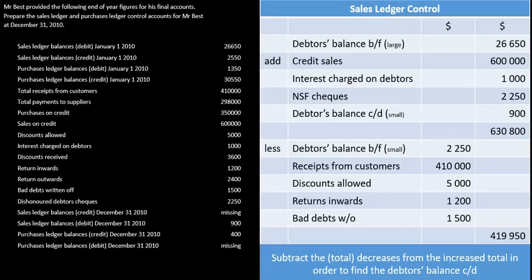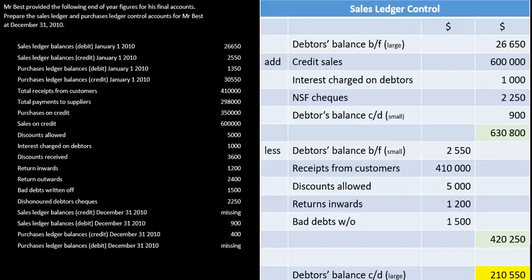So in other words, we can take away the total of the amount that decreased the balance from the increase in the balance. All right. So we're taking away the 419,950 from the 630,800, and that gives us 210,550 as the amount owed by the debtors at the end of December 31st, 2010.